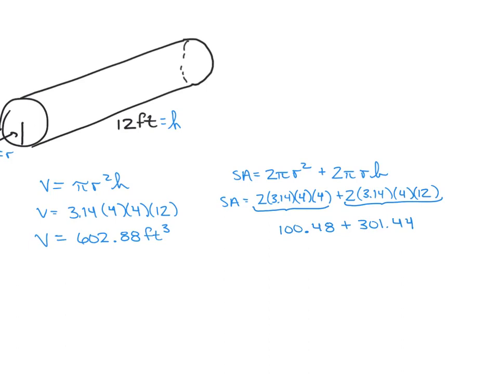We add these together, and we get 401.92 is our surface area. We include our correct units, which is feet squared, and we're done.